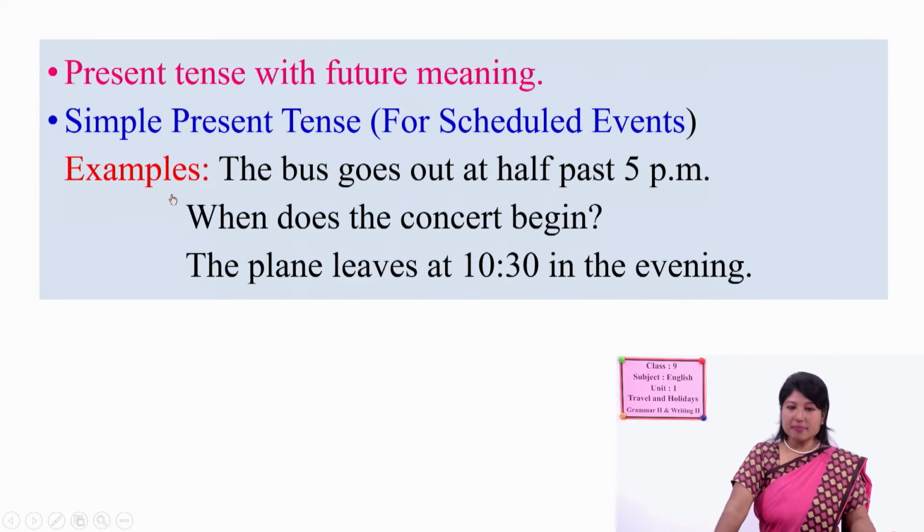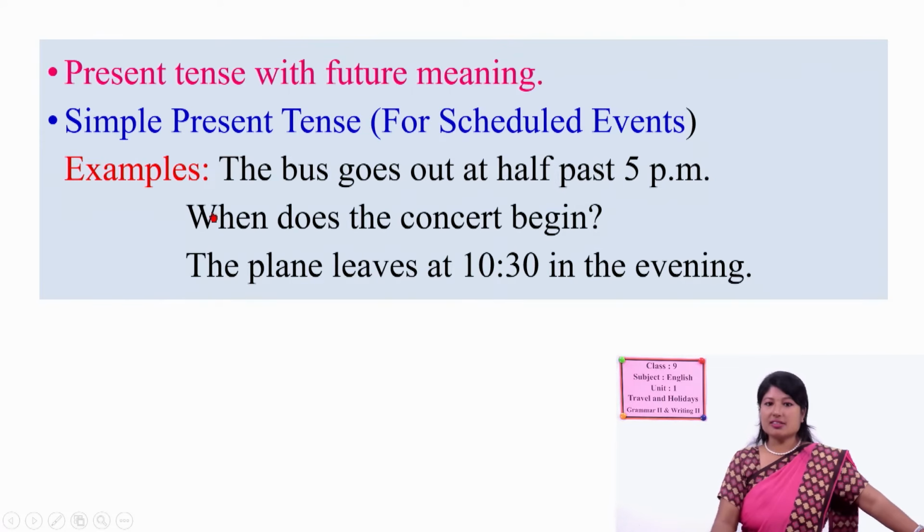Examples: the bus goes out at 5:30 p.m. These are already scheduled, already fixed. When does the concert begin? The plane leaves at 10:30 in the evening.